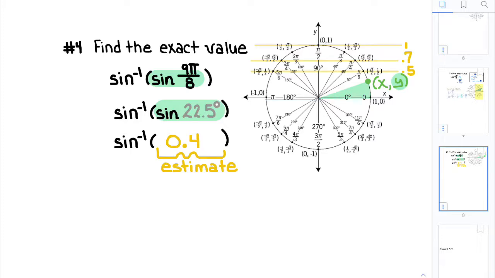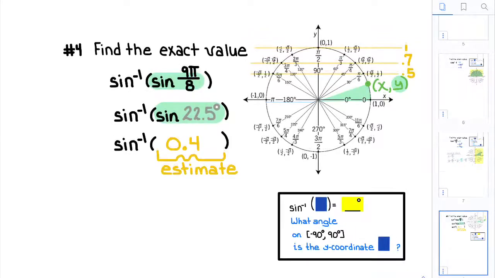Okay, so then we're trying to find the inverse sine of about 0.4. Remember, the answer to all inverse trig functions are angle measures. So we ask ourselves the question, what angle measure from negative 90 to 90 degrees does the y-coordinate equal about 0.4? Well, that's just going to be the angle measure we just had.